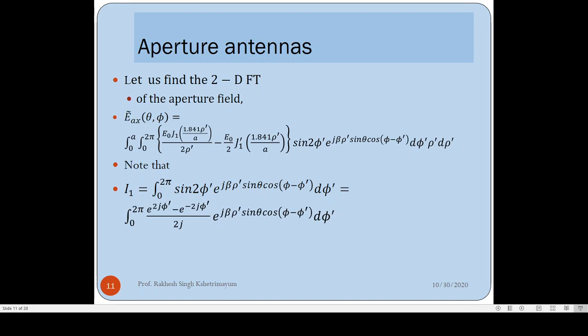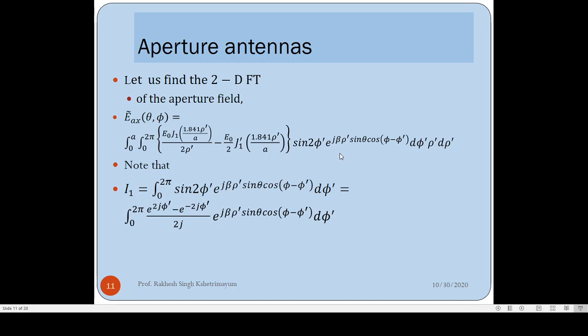circle. Inside the circle, any source point, any source element could be expressed as rho dash d rho dash d phi dash. So rho dash will be from 0 to a and phi dash will be from 0 to 2 pi, and this is the expression of the EAY we have. The EAY expression was like this: you have sine 2 phi dash here, then J1 here, J1 dash here.